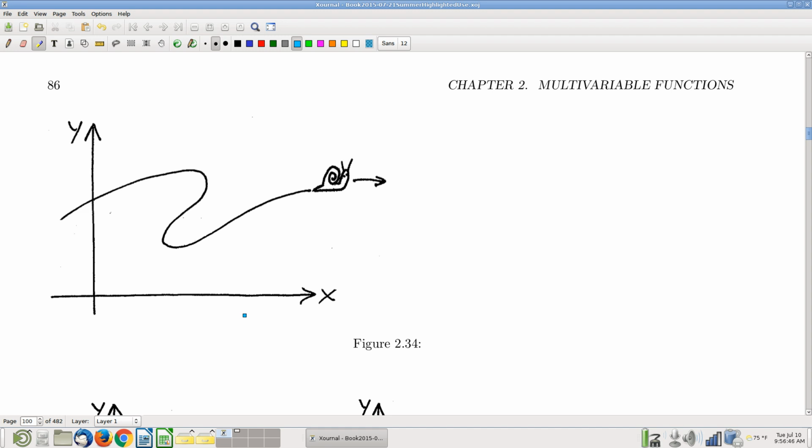If you're not, that's how snails work, or some snails anyway. So the curve is the trail of slime. The image, you might say, is the trail of slime left by the snail, whereas the parameterization is the process of the snail moving along, leaving that trail of slime.